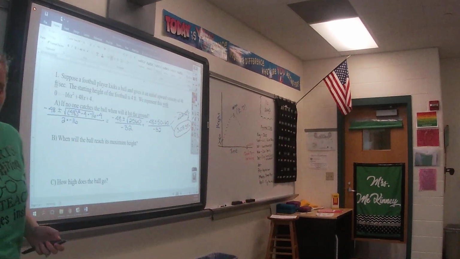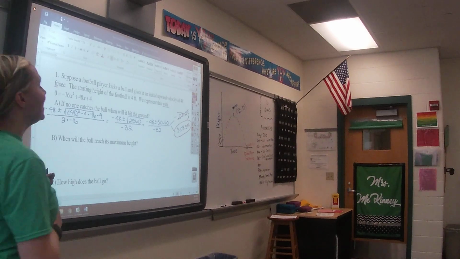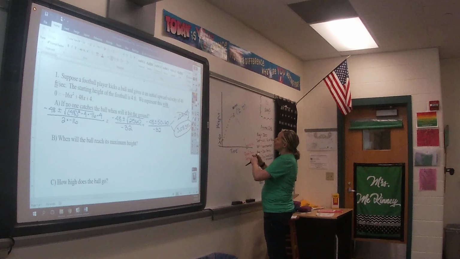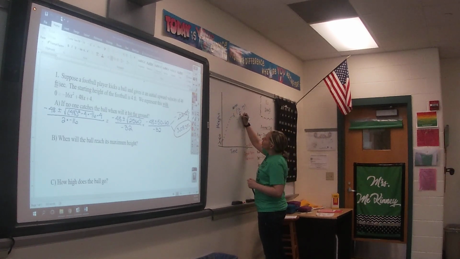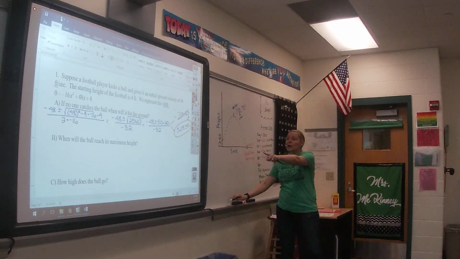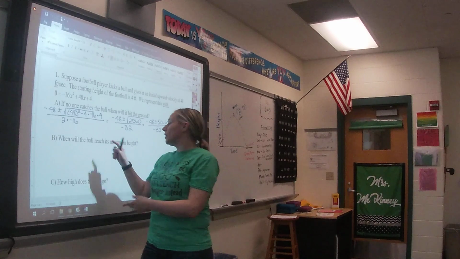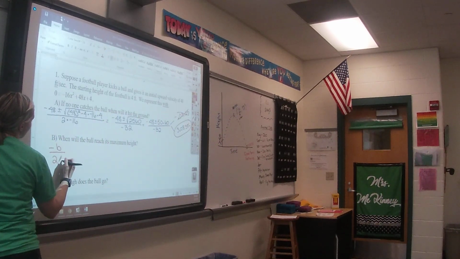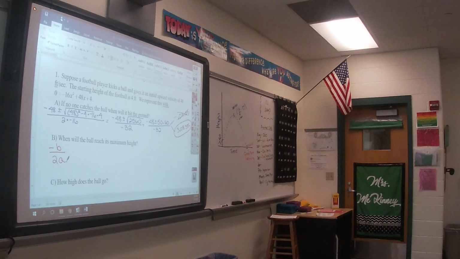Right? Okay, so if we want to find the x value, negative b over 2a is going to be our when it reaches its max height. So if I want to find out when the ball will reach its max height, I will do negative b over 2a. Yes, Yusuf?